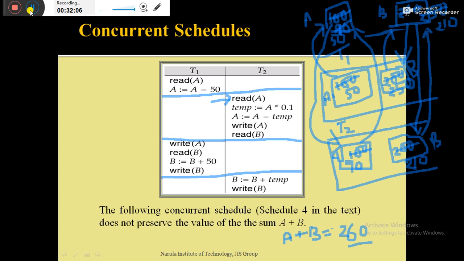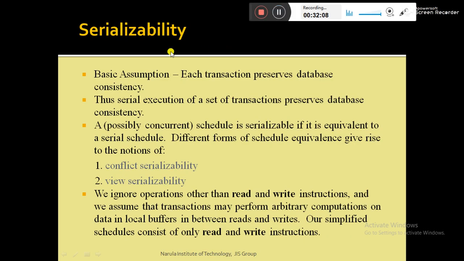So the next topic is serializability. With the help of serializability, we can check which schedule will ensure the consistency property and which schedule will not.